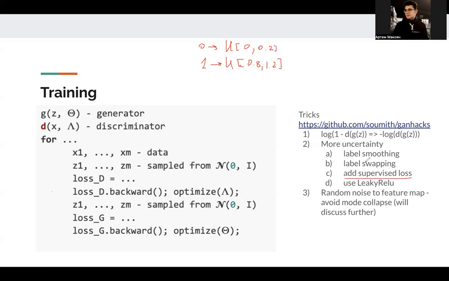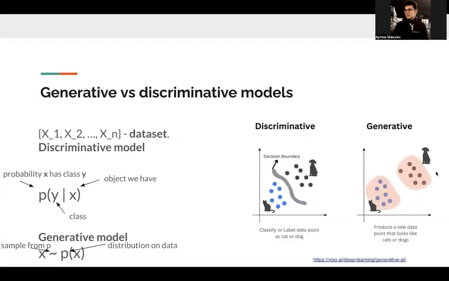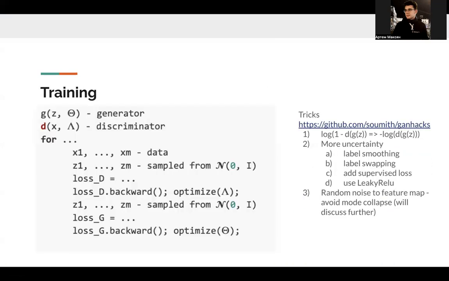For example, as we saw on the second slide, we know that some data is for dogs and some is for cats, and we want the discriminative model to predict dogs and cats. We want it to predict real and fake, and also whether it is a dog or a cat. This will help the discriminative model learn more about the data, and it will be more clever.